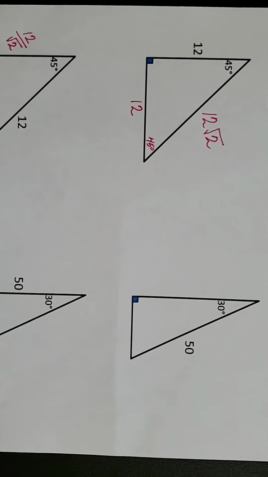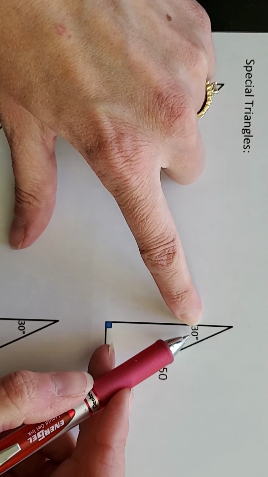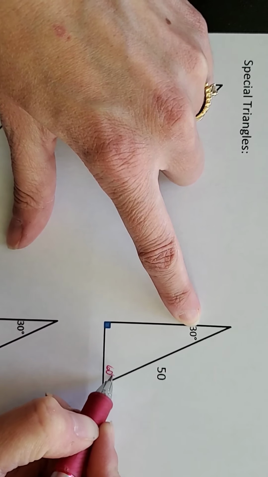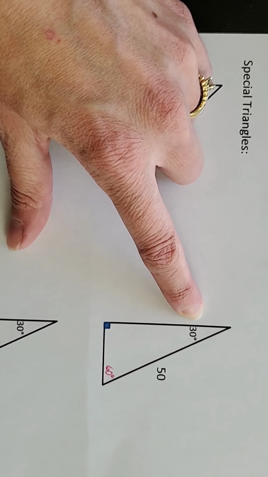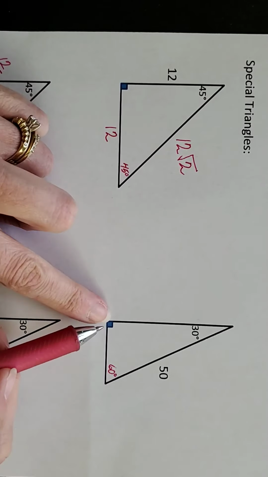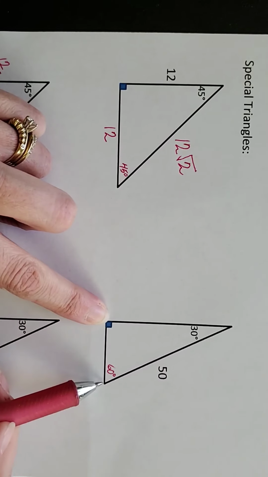All right, last two. This is a 30-degree angle. This is a 90-degree angle. That must make this a 60-degree angle. Well, a 30, 60, 90 triangle. The base, the anchor leg, is going to be the piece across from the 30-degree angle, that smallest leg.